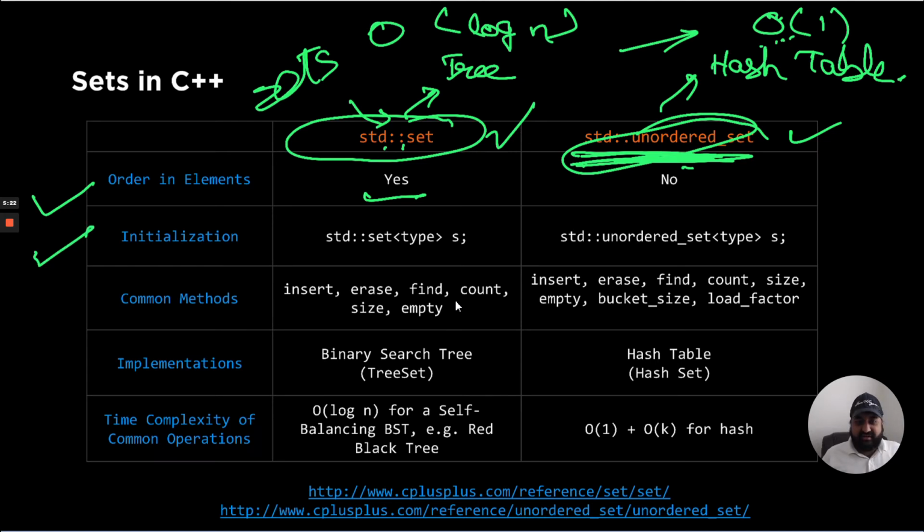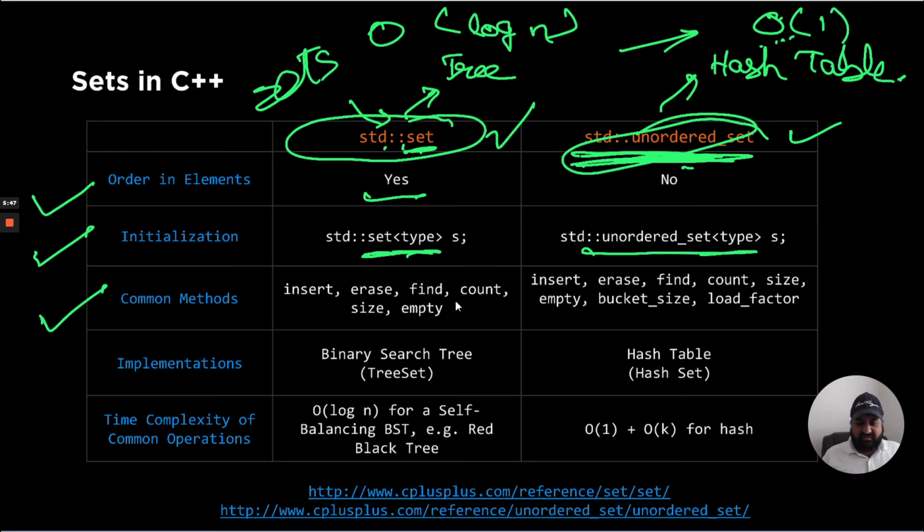How we initialize sets in C++, if you have the ordered set or the regular set, you just write set followed by the type, and then you pass the template argument for the type and just name the set, like I'm naming it S. While an unordered set is represented as unordered underscore set and then followed with the template parameter.